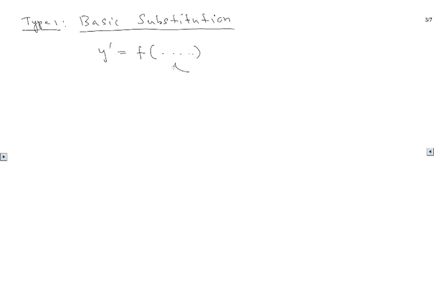This expression can be an expression of x and y, most of the time both variables. In this case, we're going to make a substitution. We pick u equal to that expression, whatever the expression is. That's the technique, and then after that we can take the derivatives and finish it.